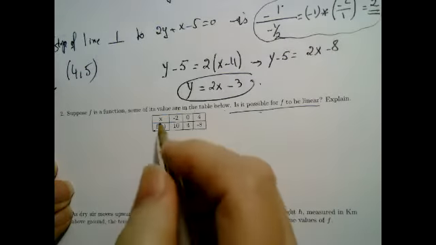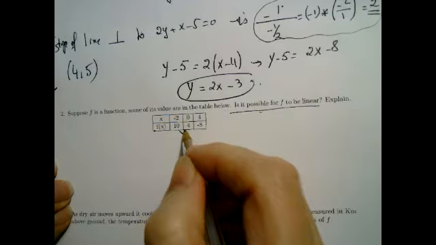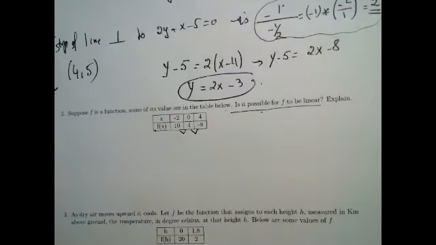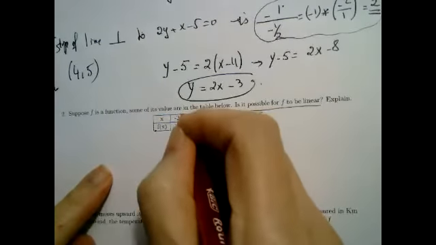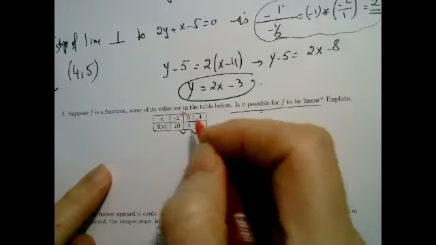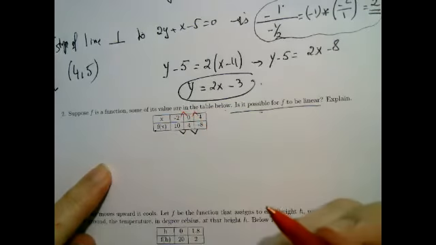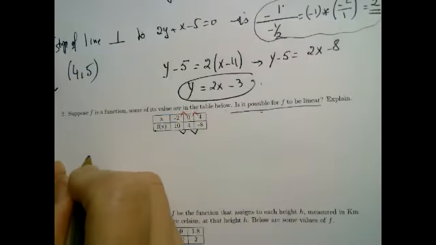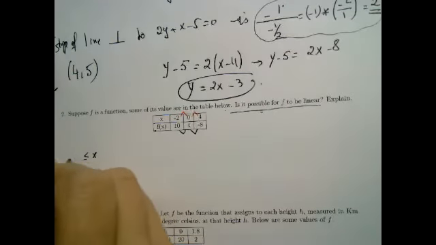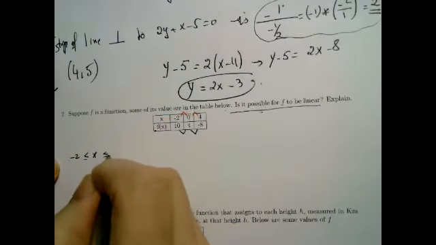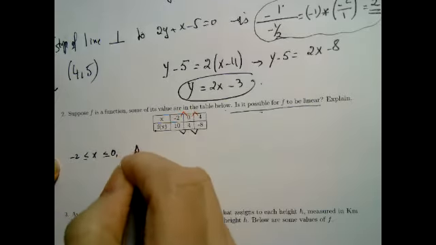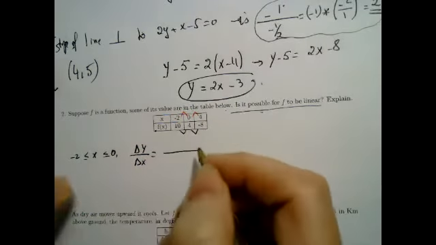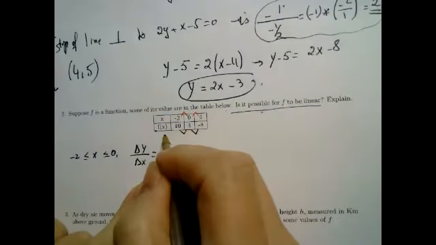To do this problem, we have to compute the average rate of change between any 2 points. In this problem, the change in x is not the same. From here to here, x increased by 2. From here to here, it increased by 4. So the way we're going to do it is by finding the average rate, or the slope. Between minus 2 and 0, remember, the change is output over input.